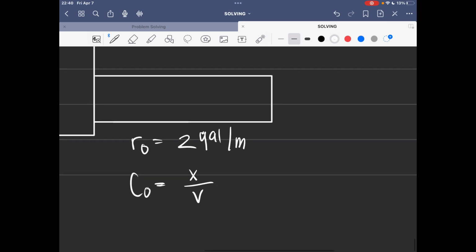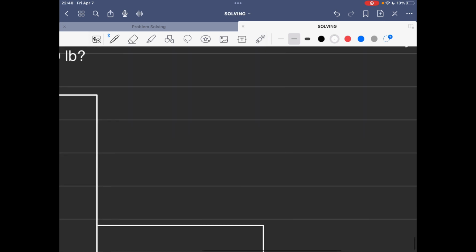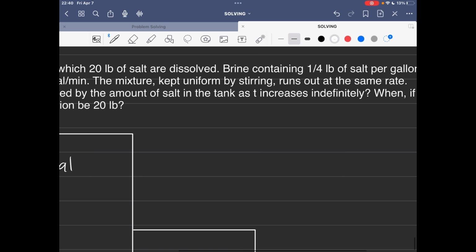Of course, C sub O is not given, but we have the equation of X over V, where we can find V by the use of the formula V is equal to V sub 0 plus R sub I minus R sub O times t.